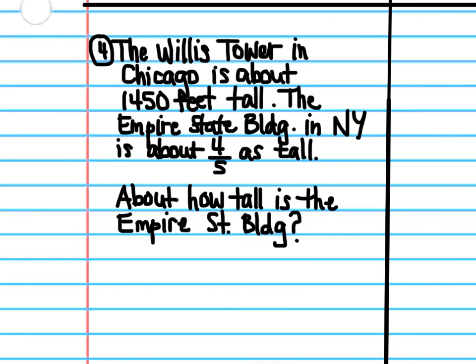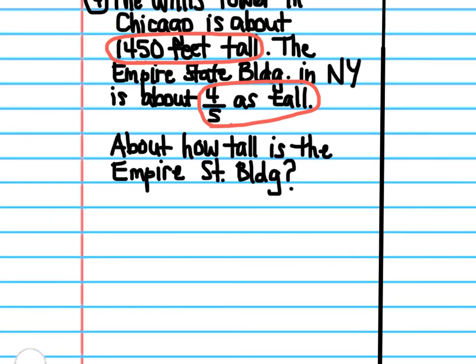About how tall is the Empire State Building? Since we know the Willis Tower is 1450 feet tall, I'm going to circle that, and the Empire State Building is 4/5 as tall, so we're going to multiply 4/5 times 1450.